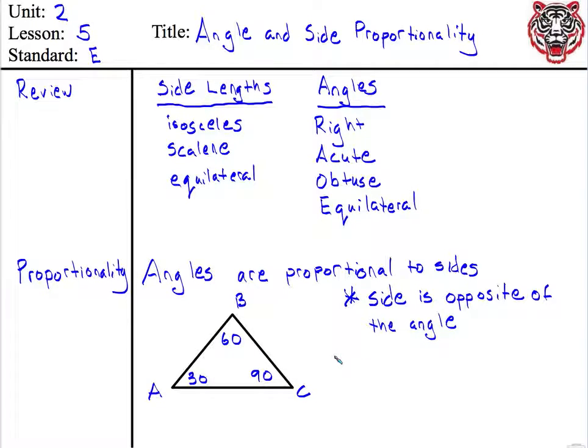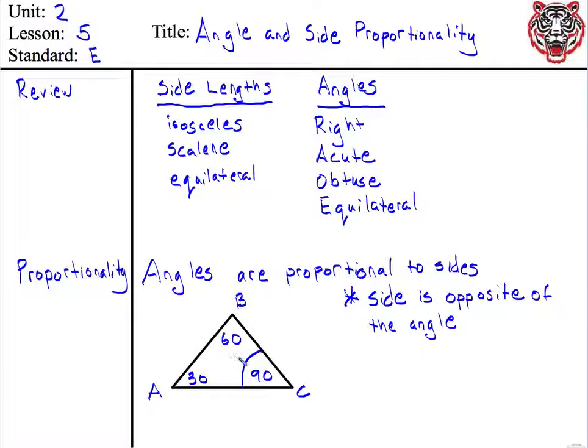Opposite means something very specific in mathematics. Maybe you like the word other side. So if I look at this angle, 90 degrees, which is down here at C, the opposite of this is on the other side of 90. So this side AB is the opposite side of 90 degrees.